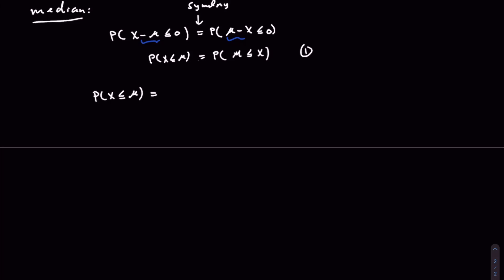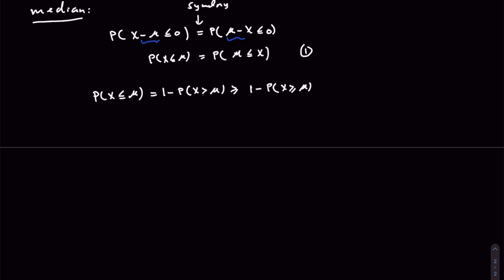So this term is the same as 1 minus the probability of x being larger than mu, and it's strictly larger because we said it's mu and above. This is larger or equal to almost the same expression, but now including mu.